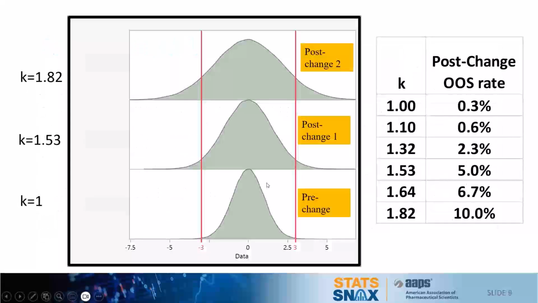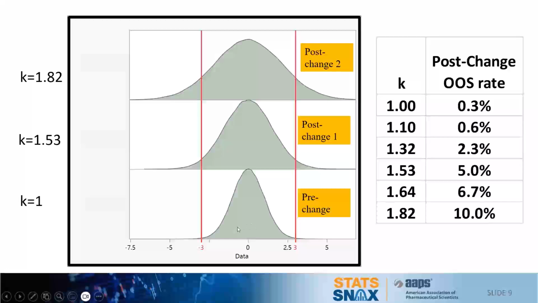And it's actually easier to see if I show you this visualization. Here at the bottom is a pre-change population. I've got it centered at 0. I have specifications, if you will, as these red vertical lines at -3 and +3. So I'm assuming a standard deviation of 1.